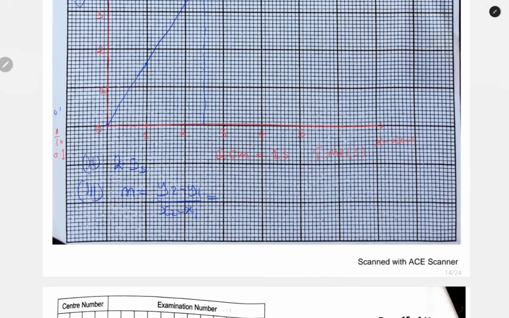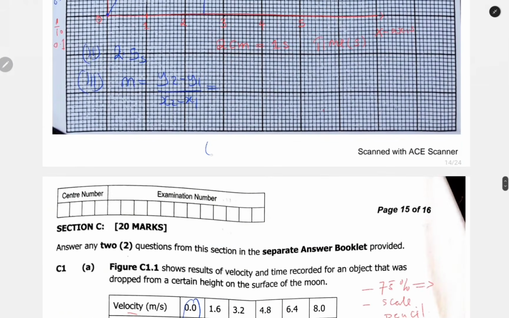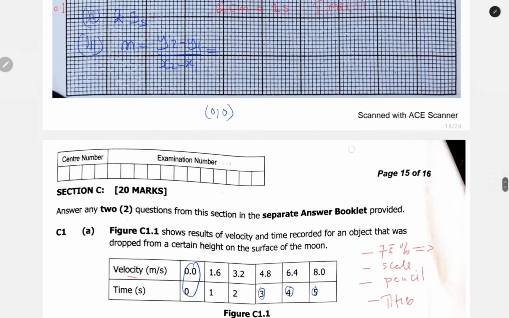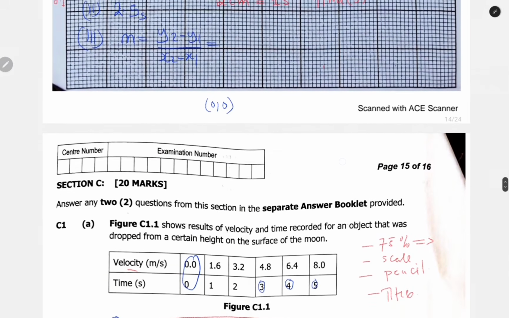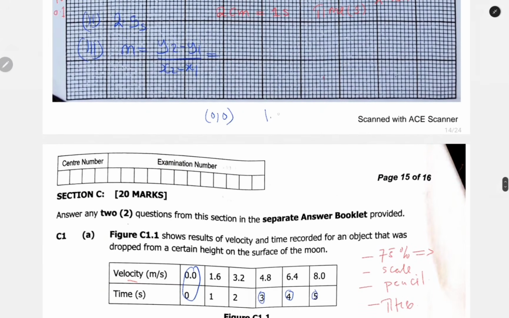So what is our y2 here? Since we said we are going to pick 0,0, and let me pick 1, 1.6 as the points. So this one carries x1, y1, x2, y2.